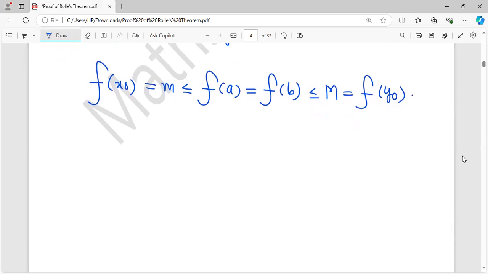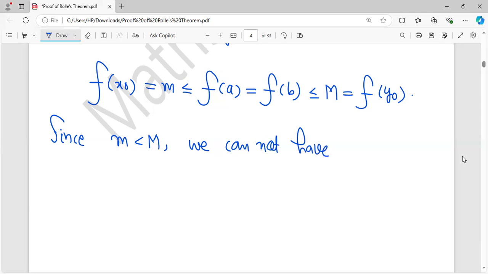So this implies, since small m is less than capital M, we cannot have x naught equal to a and y naught equal to b.